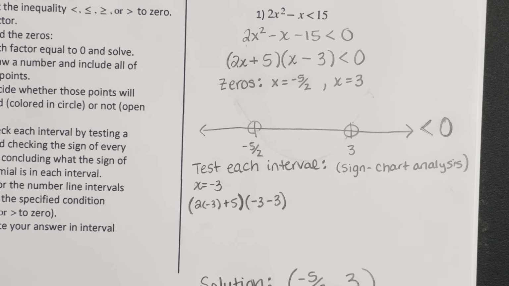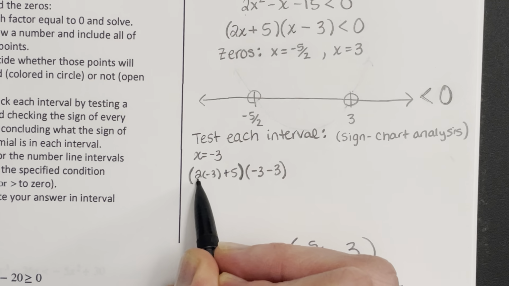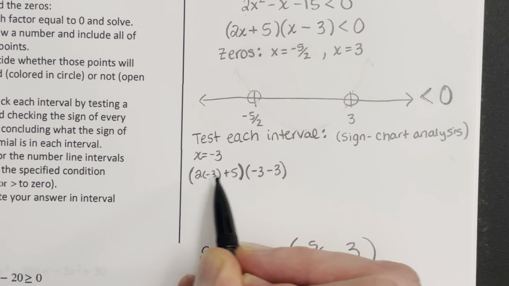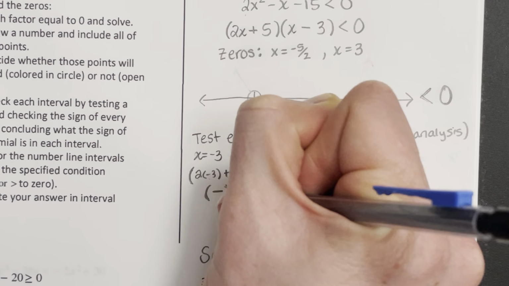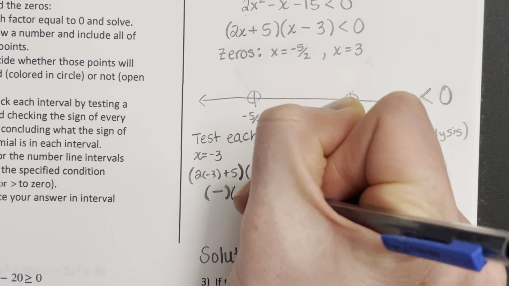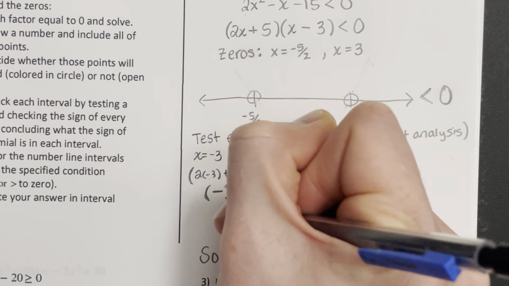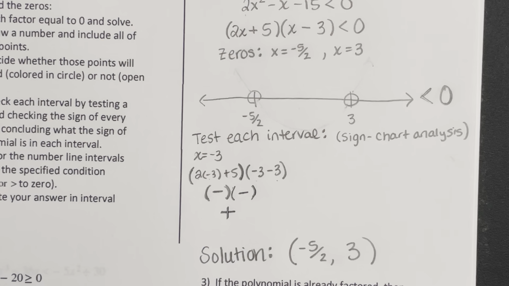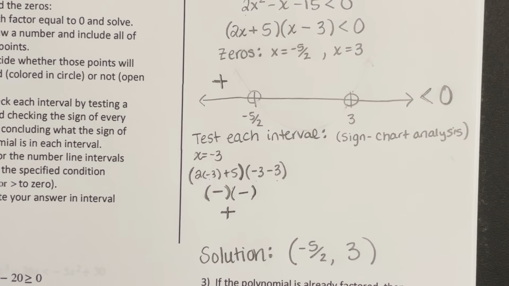The goal isn't really to find out what it is exactly equal to, but more about the signs of this. So if I had 2 times -3, that's -6. -6 plus 5 is -1, but that's a negative number. -3 minus 3 is -6, but really in general, it's a negative number. So if you have a negative times a negative, you end up with a positive. So this section to the left is positive. It's above 0. Graphically, we already knew that.